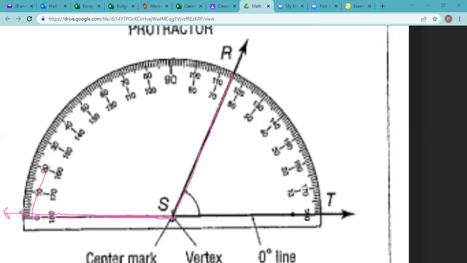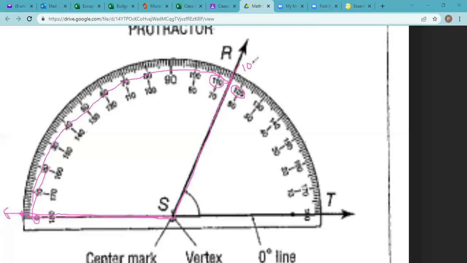We are now looking at the outside numbers. So here's 0. As you go all the way up to the outside numbers, we're going to go all the way over to where the R is. And again, this one is 110 right here. This one is 100 degrees right here. And we said it's falling right in the middle, which makes it 105 degrees.